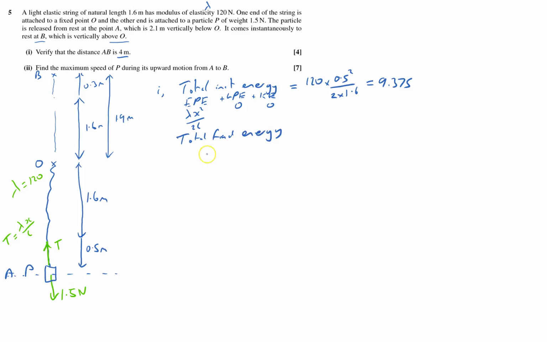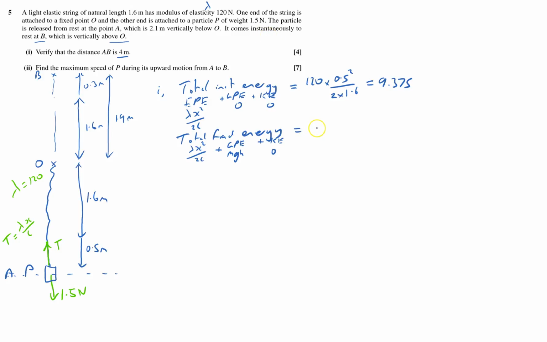I need to work out total final energy, and this is going to be made up of my elastic potential energy, which is lambda x squared over 2L, and my gravitational potential energy, which is mgh, and 0 kinetic energy, because it says it's instantaneously at rest.